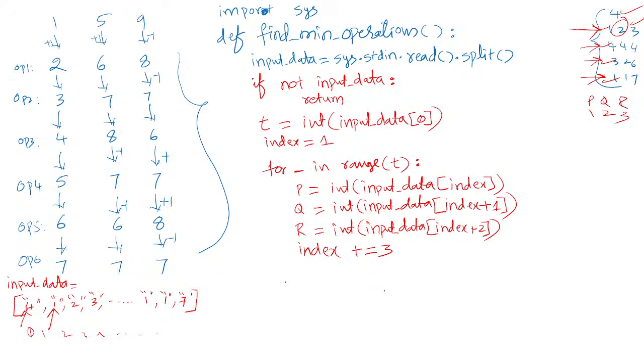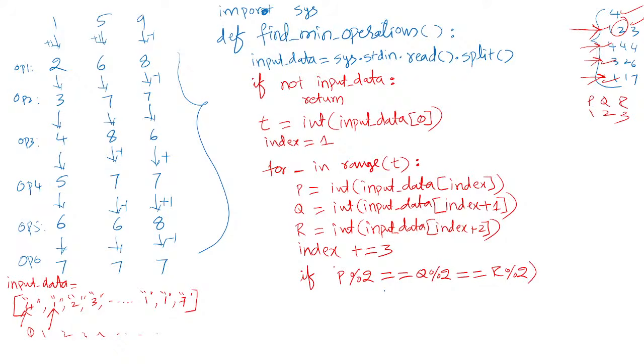So inside the loop, if P mod 2 equals Q mod 2 equals R mod 2, that means all of them have the same parity.